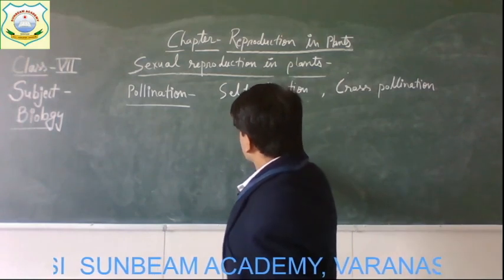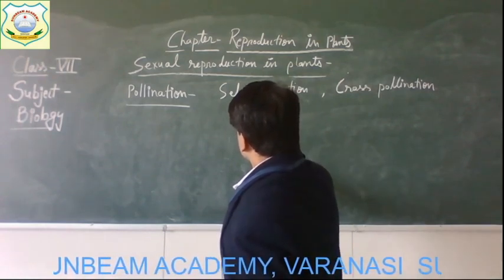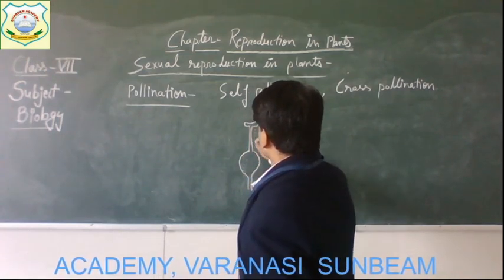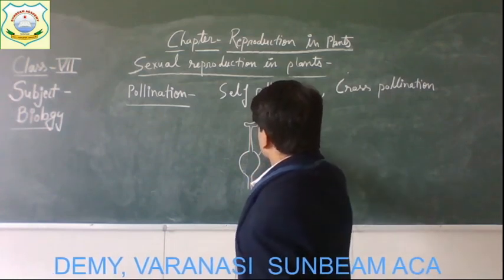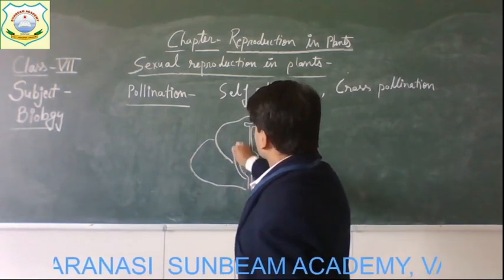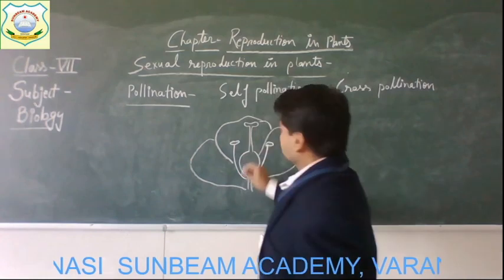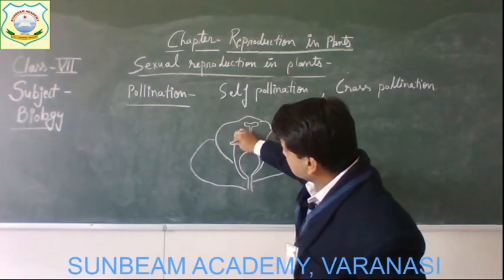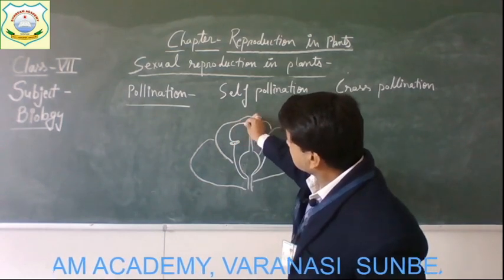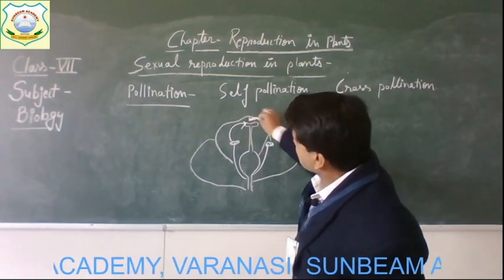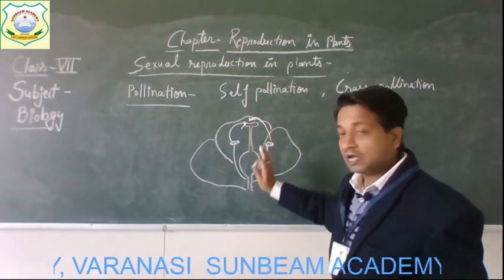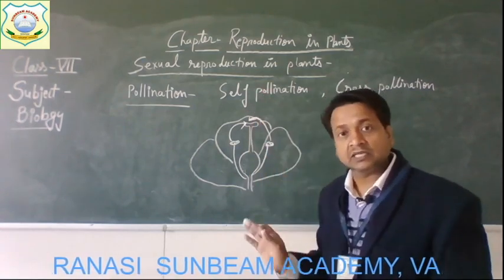For example, the pollen grains present here on the anthers will move from the anther to the stigma of the same flower. So this transfer of pollen grains within the same flower is known as self-pollination.